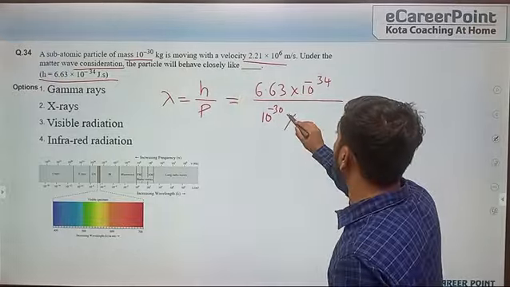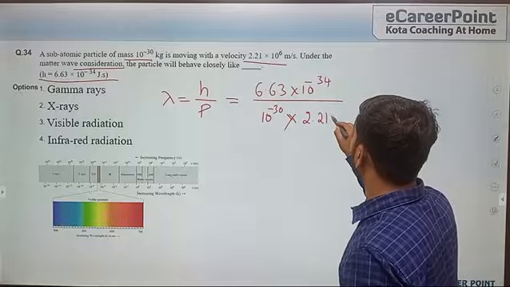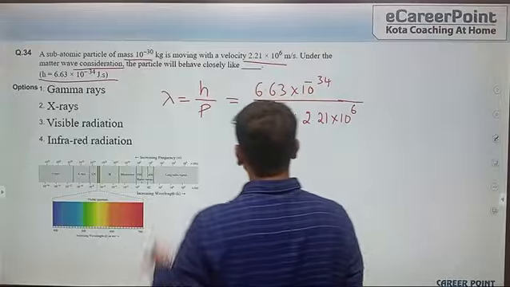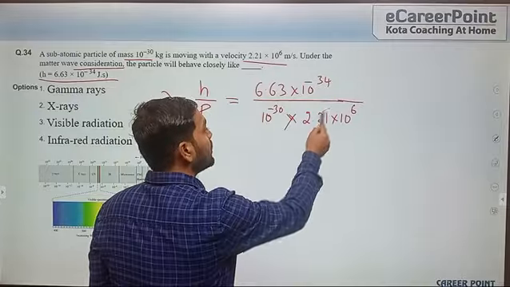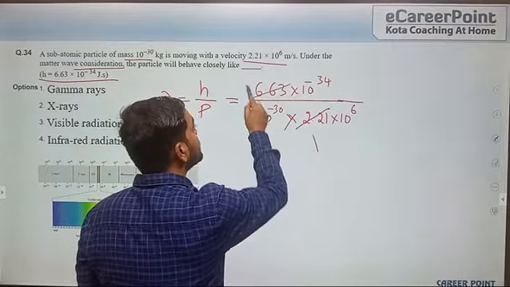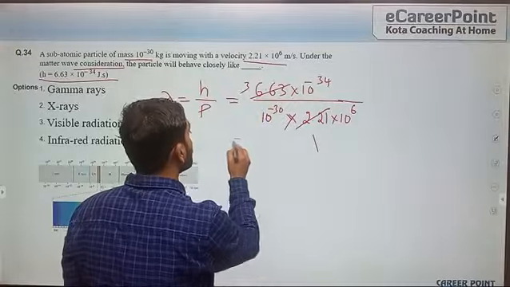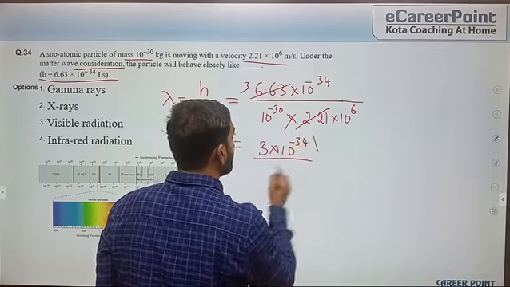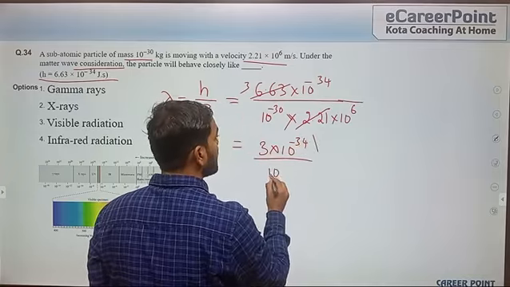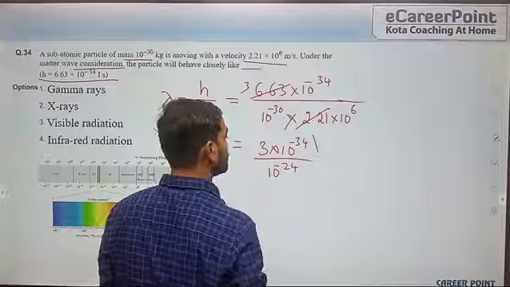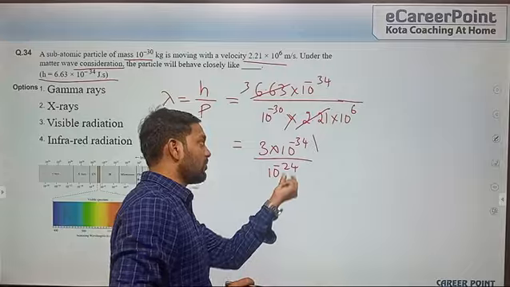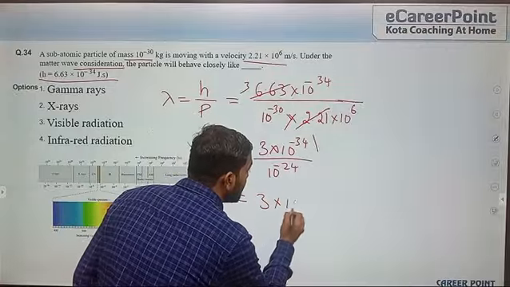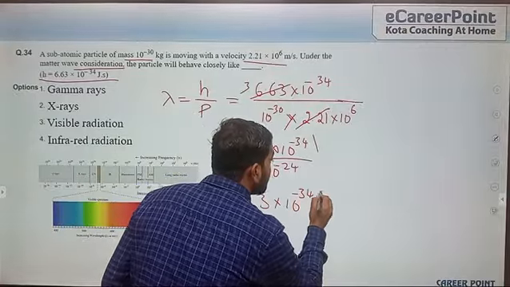How much is the velocity here? 2.21 into 10 power 6, right? So by cancelling this, 2 1s, 2 3s, this will be equal to 3 into 10 power minus 34 by 10 power minus 24. By taking this 10 power minus 24 upwards, we get 3 into 10 power minus 34 plus 24.